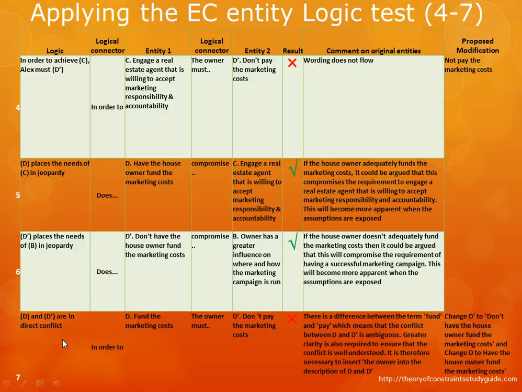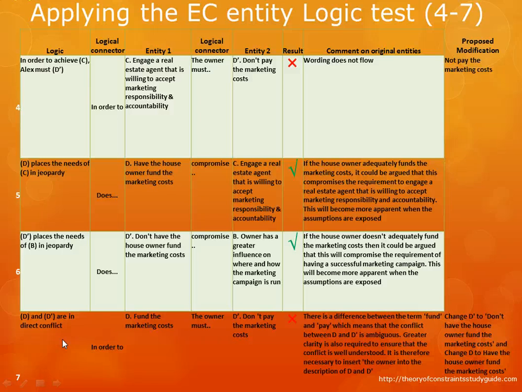So moving on to the remaining tests, 4 to 7. The fourth test is around the relationship between C and D prime. So again, bearing in mind that we've changed entity C to the wording of engaging a real estate agent that is willing to accept marketing responsibility and accountability, we can see that in order for that to exist, the owner must not pay the marketing costs, which is the way D prime is currently worded, but that again doesn't flow, so we need to change the wording of entity 2, and that wording needs to change to "not pay the marketing costs."